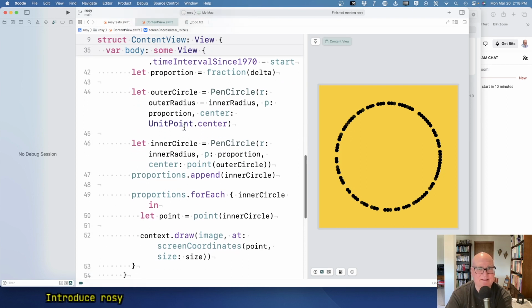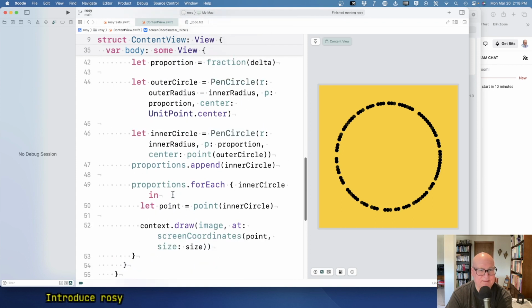Okay. What if we drew the inner circle and the outer circle?